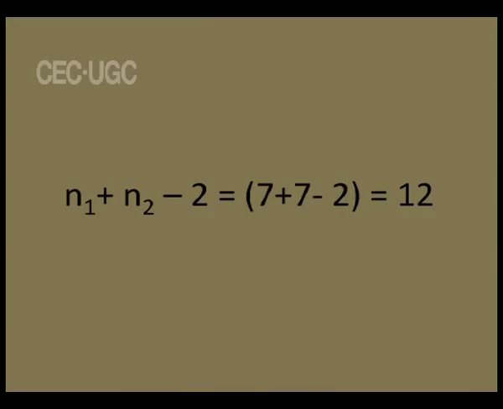The degrees of freedom for this example are n1 plus n2 minus 2, where n1 is the number of observations in group 1 and n2 the number of observations in group 2. Since we had 7 subjects in each of the groups, we do 7 plus 7 minus 2, which gives us a value of 12.